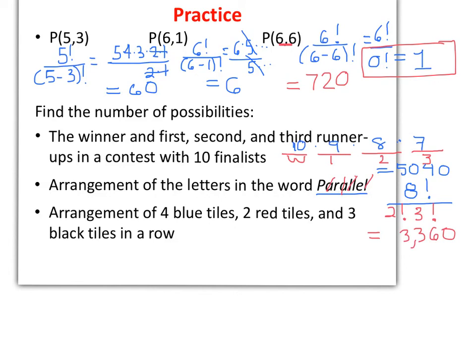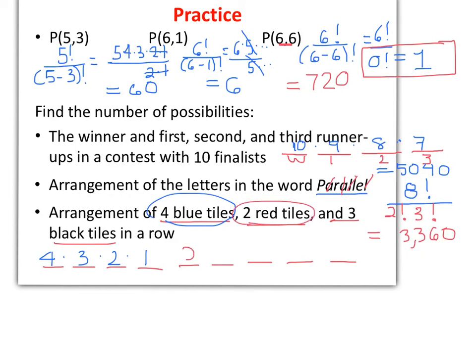And then lastly, we have an arrangement of 4 blue tiles, 2 red tiles, and 3 black tiles in a row. So 4 blue, 2 red, 3 black. If we're going to start with our blue tiles, we have a possibility of 4 times 3 times 2 times 1. Then we go to our red tiles, so there's a possibility of 2 times 1.